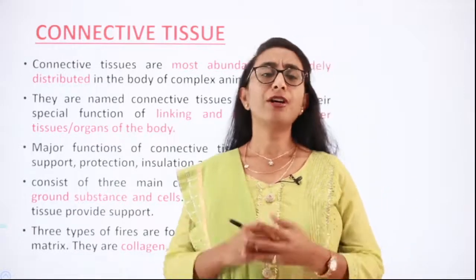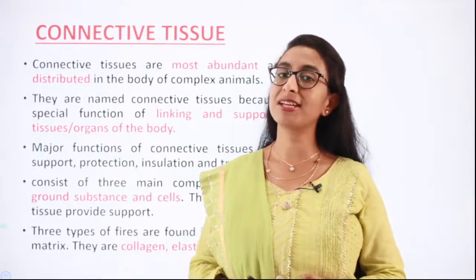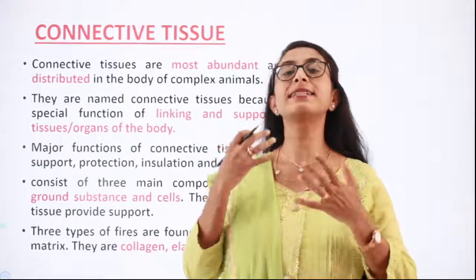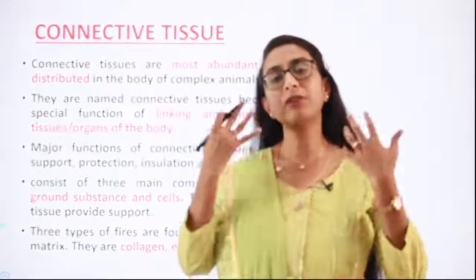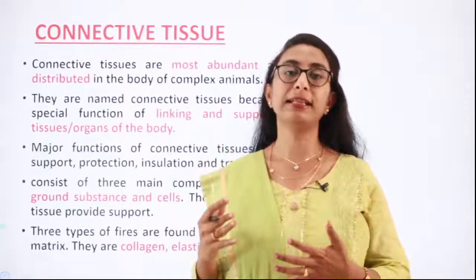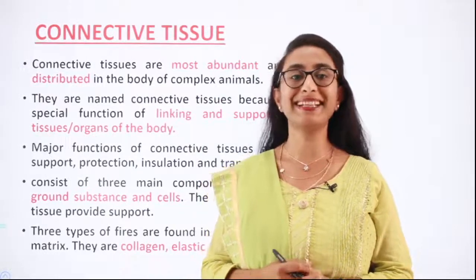The name itself suggests that connective tissue connects, it binds tissues with organs. We have different organs and different tissues in our body, so linking all of this is the prime, most important function carried out by the connective tissue.